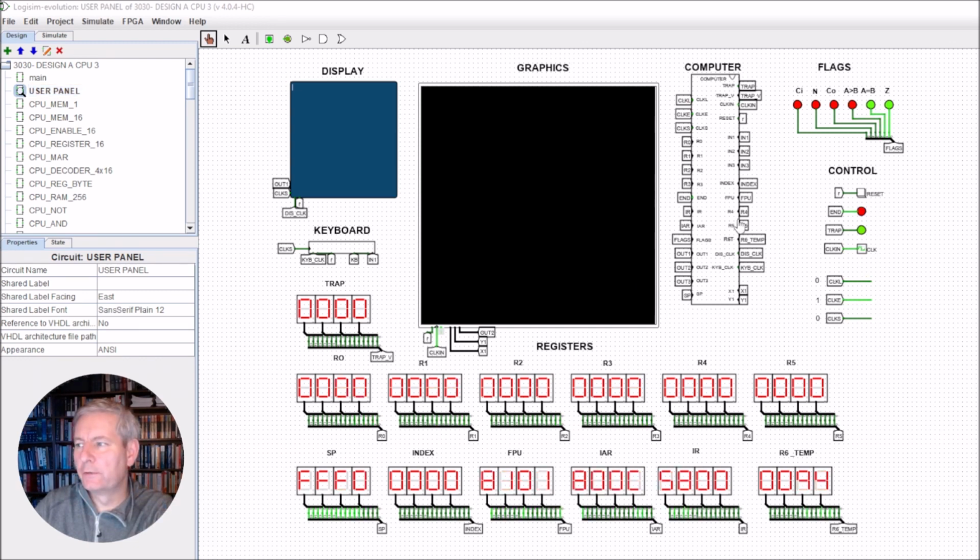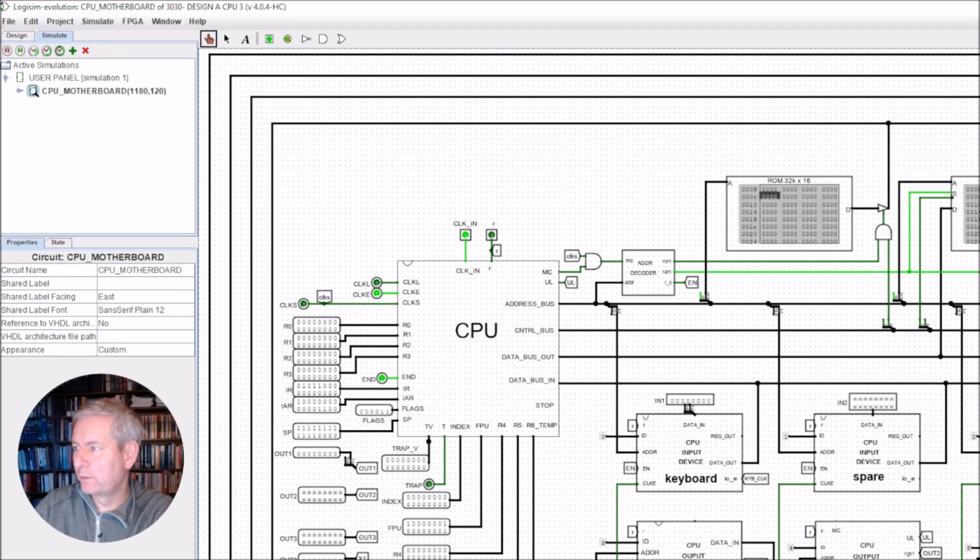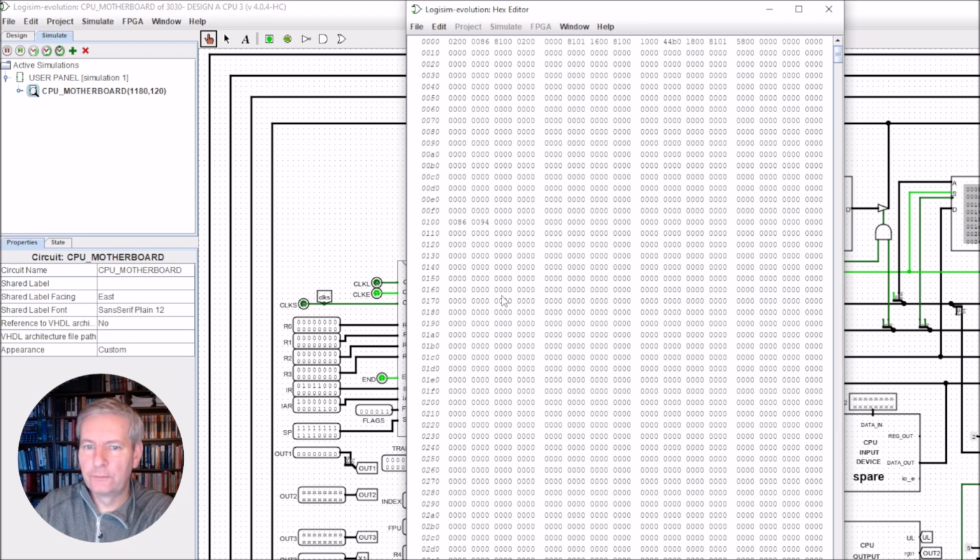So the simulation has now finished. Let's drop in and we will see the final result. Now the result we're hoping to get is 0093, and you can see here we've actually got 0094, so we're only in effect 1 unit of resolution out.